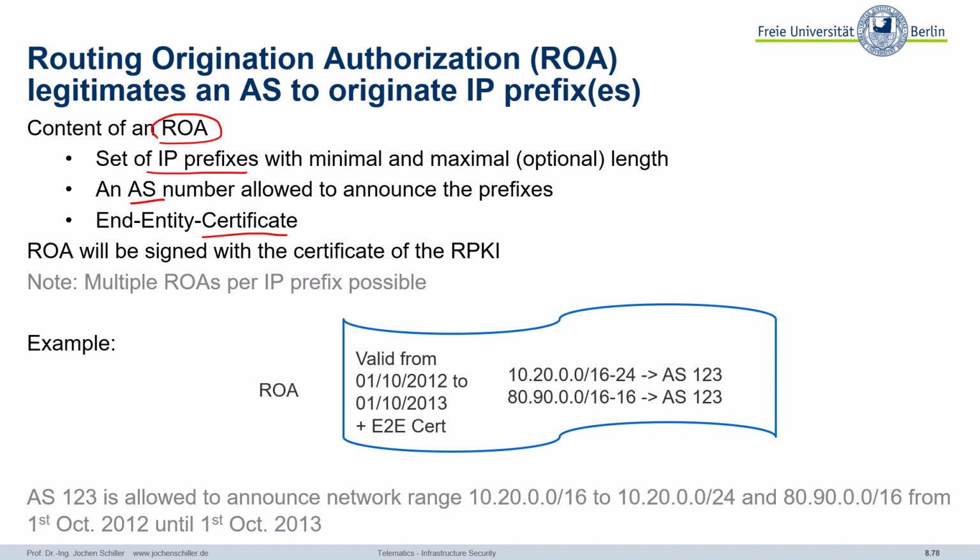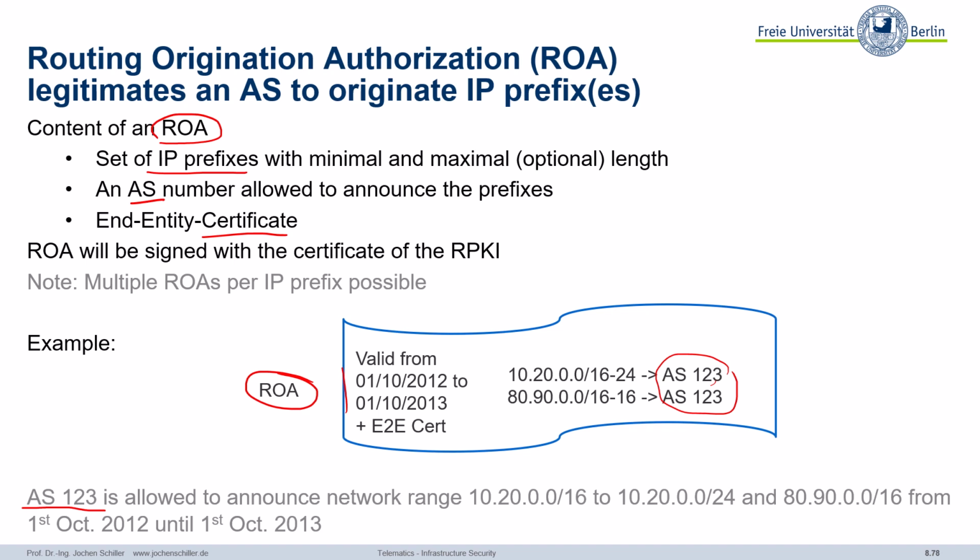So how does it look like? You have this ROA here, valid for a certain time and for certain prefixes for a specific AS. And this means this AS 123 is allowed to announce certain network ranges, as you see, 1020/16 to 1020/24 and 1890/16, from 1st of October 2012 to 1st of October 2013.